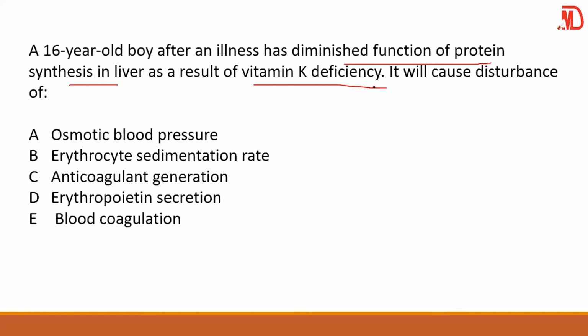I've said this over and over like 2 billion times. So please, if not watch the video, do well to watch them and try to understand them. However, I'm here. If you have anything, feel free to ask. So here, what disturbance will it be? Of course, blood coagulation. All right.